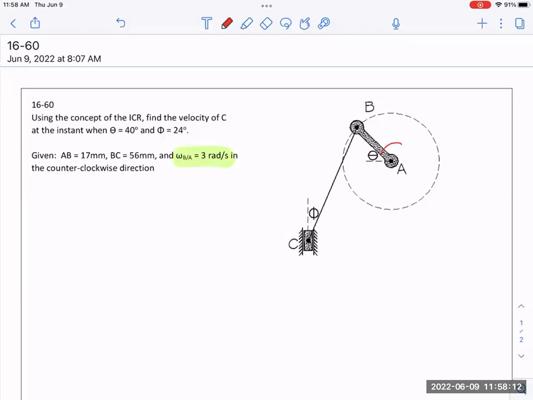Notice I said 3 radians is counterclockwise. That is very important here. I was just looking at 3 and thinking it was positive, but then I read the rest of the question.